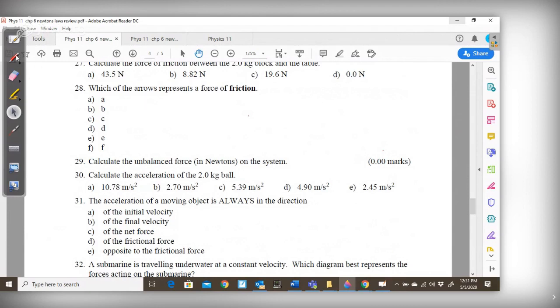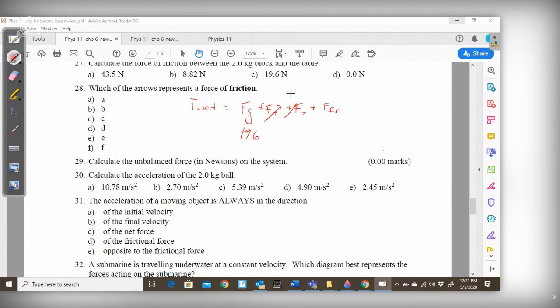All right, so we're talking F net. We're just wanting the unbalanced force in newtons. So we're going to have the force of gravity plus the force of tension, which is negative, plus a positive force of tension, plus the force of friction, which is going to be negative. The force of gravity, that's 19.6.